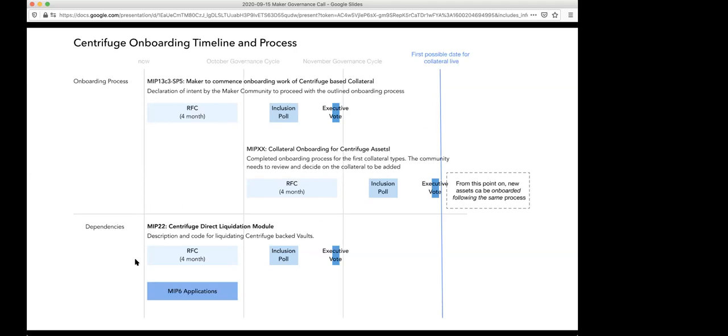In parallel, MIP 22 is a proposal that came out of solving one of the trickiest questions in bringing real world assets into Maker, which is how you can liquidate a vault that needs to be liquidated.